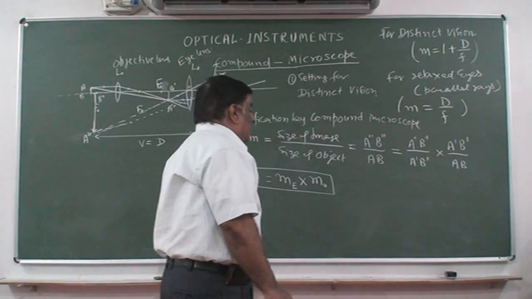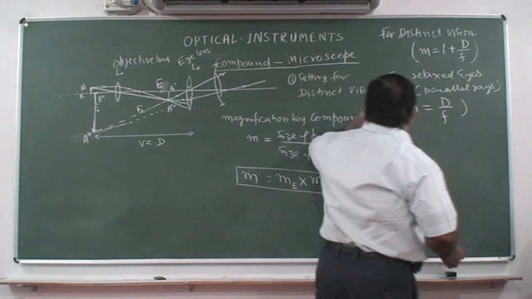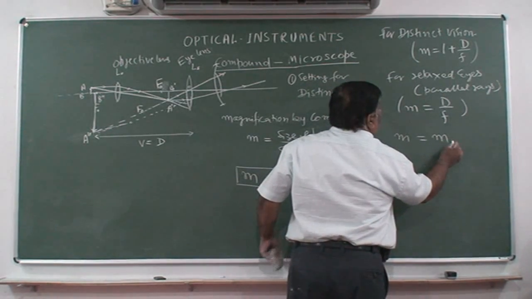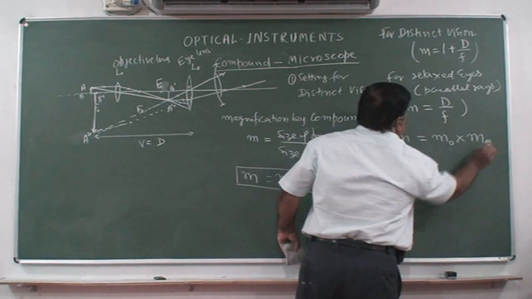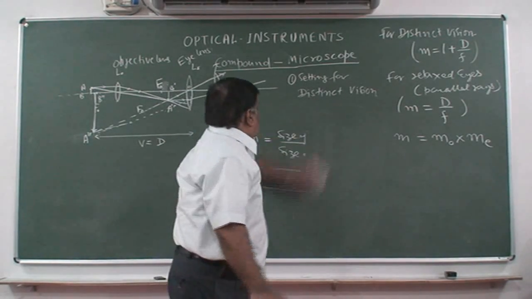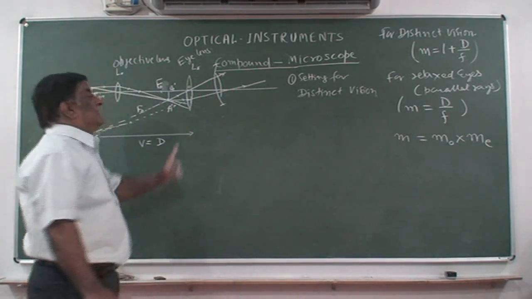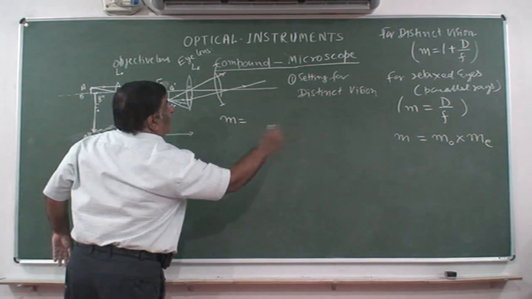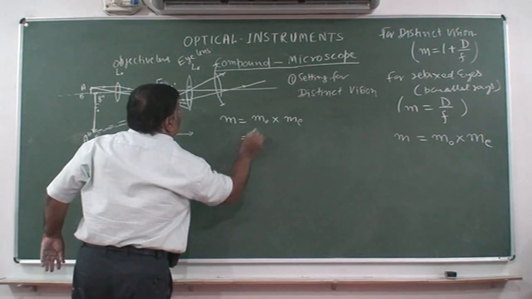Okay, so we will remember this and note it down that magnification of microscope M is equal to objective. We will write first and then eyepiece. Okay. Now we will make, how much is this? The magnification is equal to magnification by objective, magnification by eyepiece.